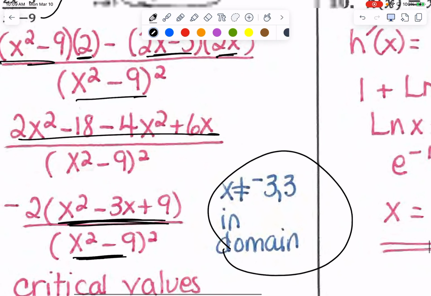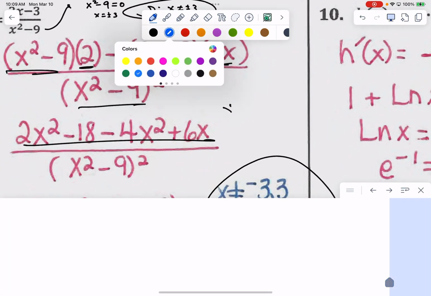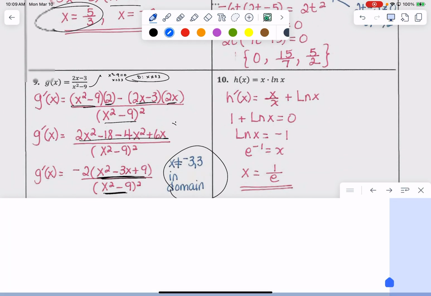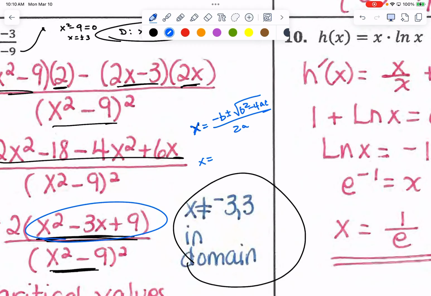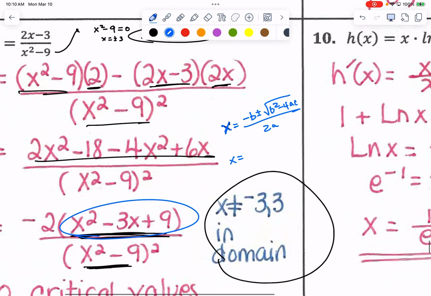Okay, I'm going to show you the quadratic formula there. It'd be x equals, somebody tell me the quadratic formula. Blake, tell me the quadratic formula in celebration of your state victory. Negative b plus or minus the square root of b squared minus 4ac, all over 2a. There you go. So if I plug this in, what would it look like? You don't have to worry about the negative 2.